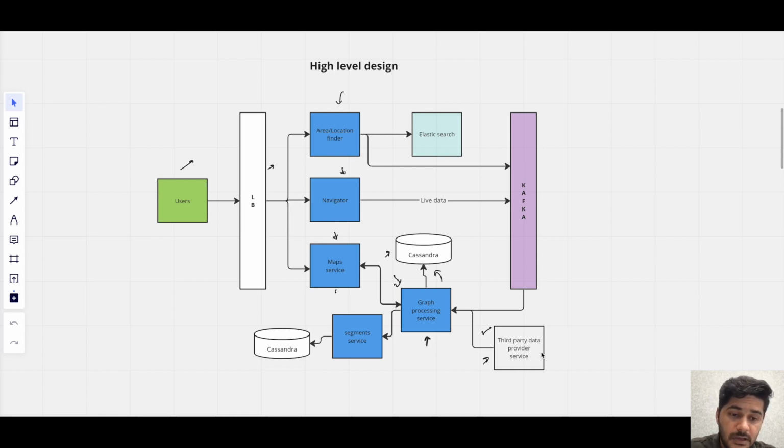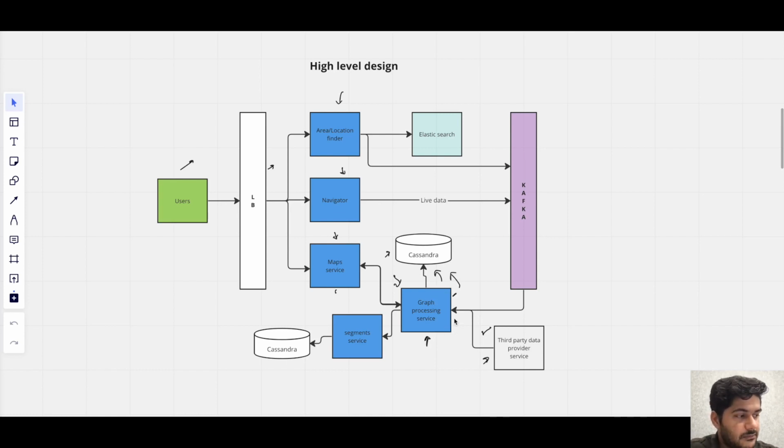That third party can be government agencies, traffic police, and our vendors itself, which are feeding the live data that right now maybe some event is going on at this place, so this particular edge or this particular road is busy or blocked. That kind of data is continuously coming to the graph service, and this graph service is making sure to update that info into the database.